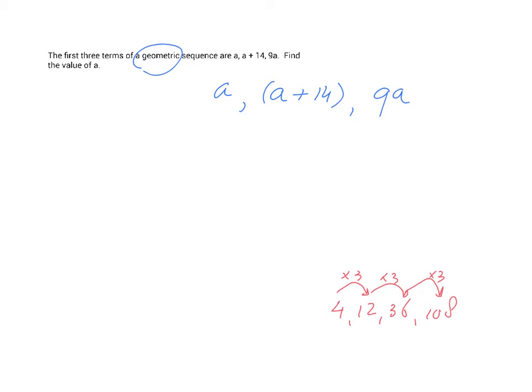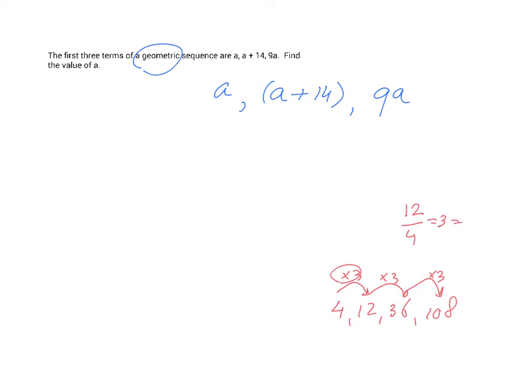That's what makes a geometric sequence. Now, how can I find r? How can I find that common ratio? Well, times 3, perhaps obvious now, but you can find it by saying, well, 12 divided by 4, for instance. So a term, 12, divided by the term before it, 4, equals 3.